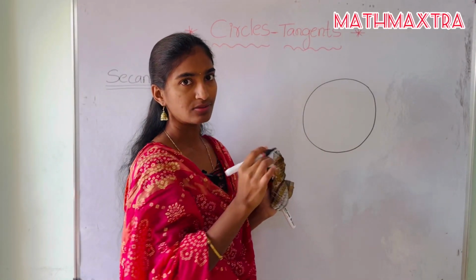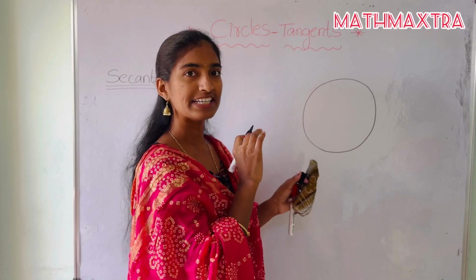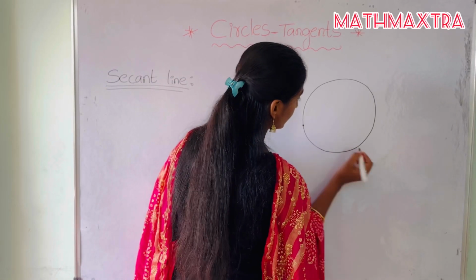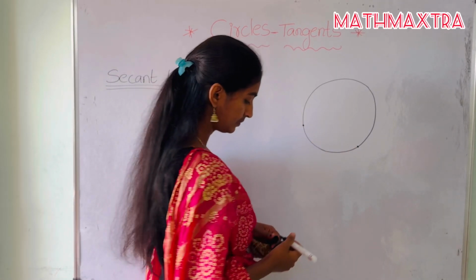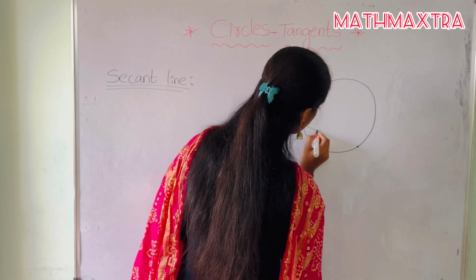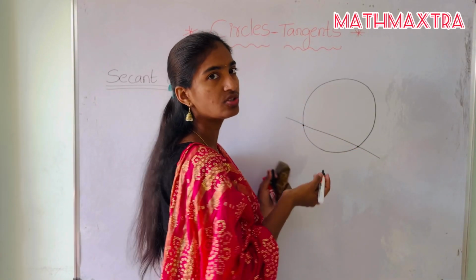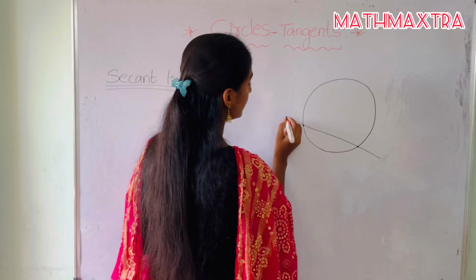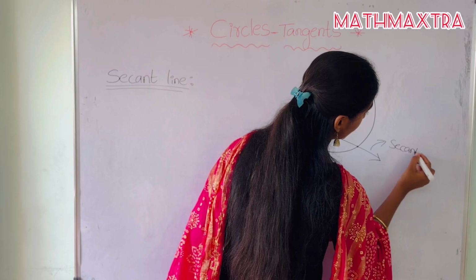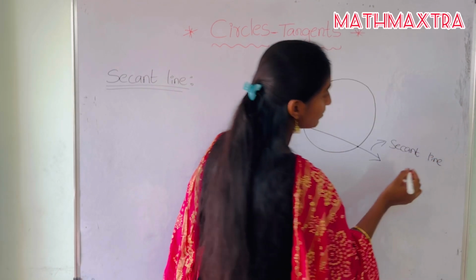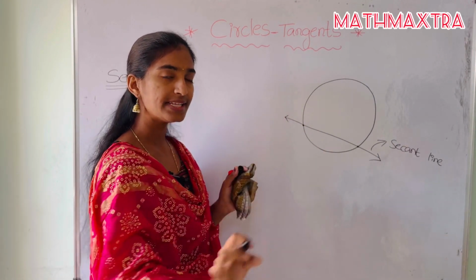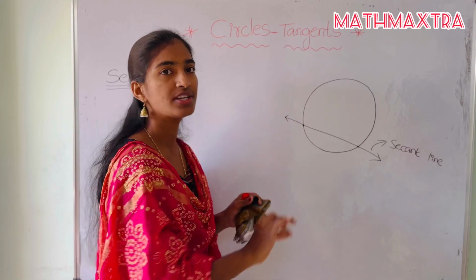If you take any 2 points on a circle and draw a straight line joining them, this line we call a secant line. You observe the difference between a chord and a secant line. A chord is a line segment joining any 2 points on a circle.